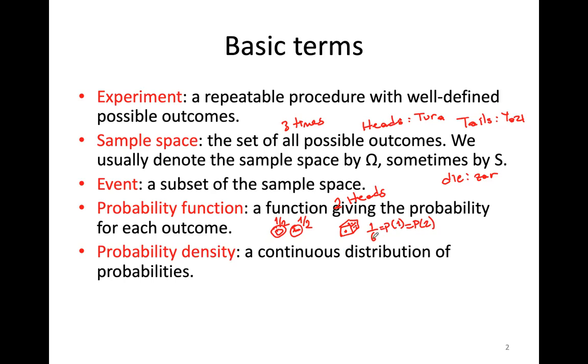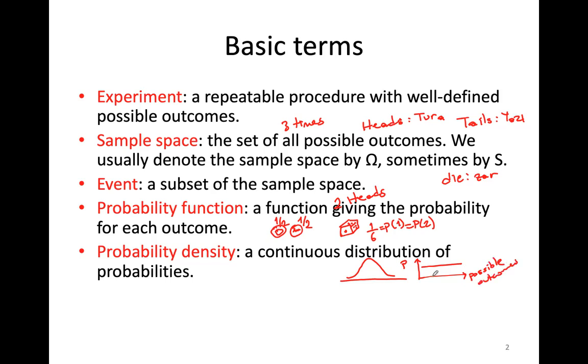If I use these probabilities and draw them, I will have this kind of distribution. These will be the probabilities of events, and these will be the possible outcomes.